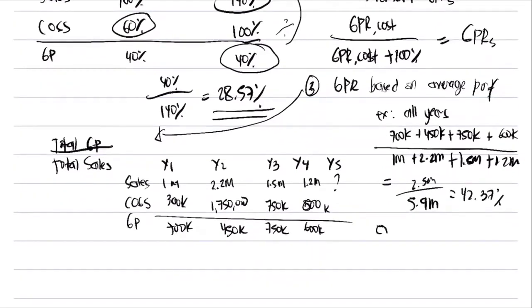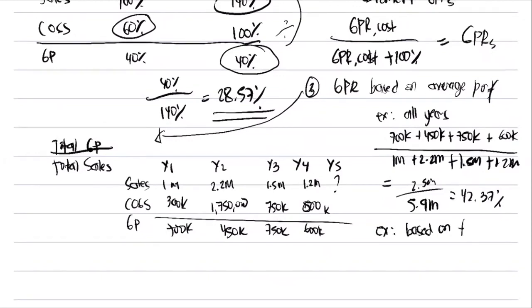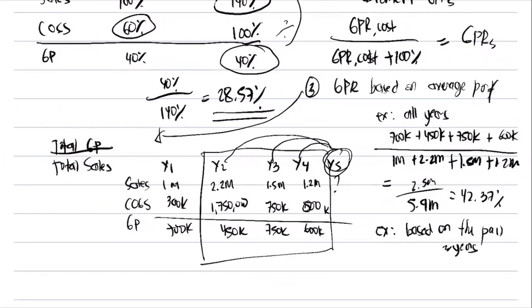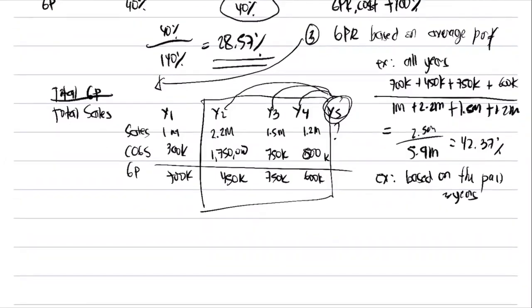Paano naman kung example natin is based on the past 3 years? Past 3 years. So kung past 3 years lang yan, kung year 5 ngayon, kunin mo yung past 3 year. Year 1, year 2, year 3. So kukunin mo lang yung hanggang year 2. So paano yung gagawin natin dyan? E di 450 plus 750 plus 600 divided by 2.2 plus 1.5 plus 1.2 million.